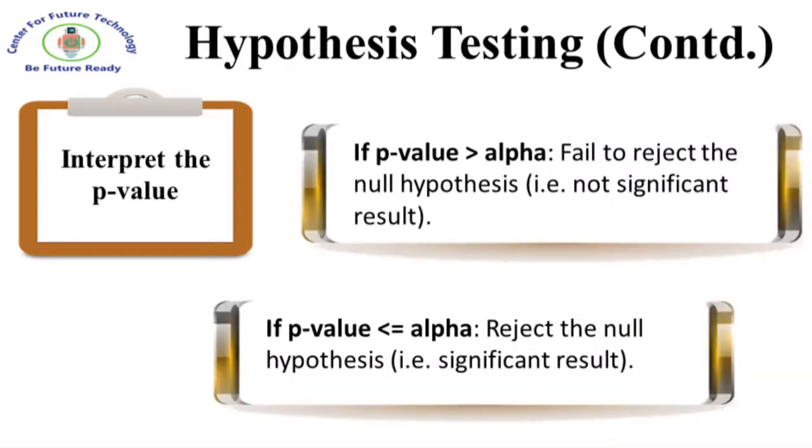Here are two conditions. If p-value is greater than alpha, fail to reject the null hypothesis, that is not a significant result. The second one is if p-value is less than or equal to alpha, reject the null hypothesis, that is a significant result.